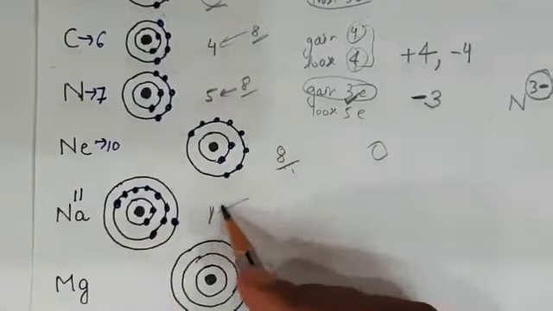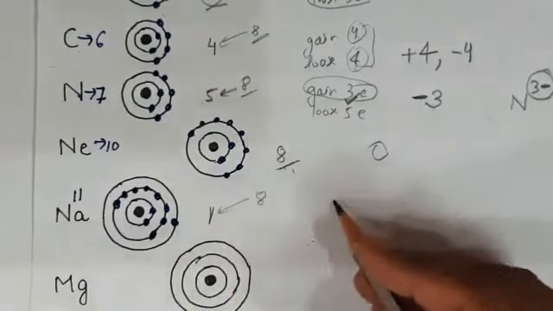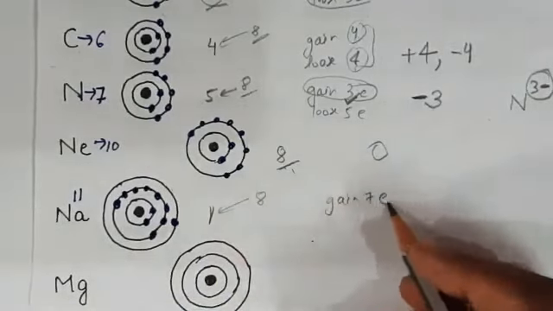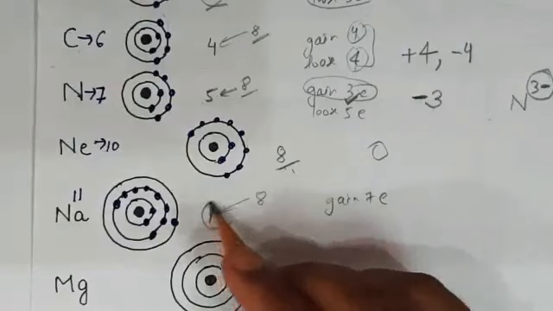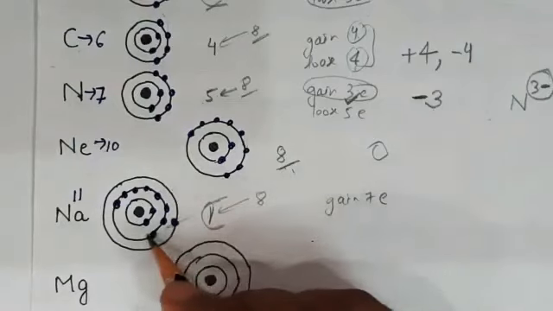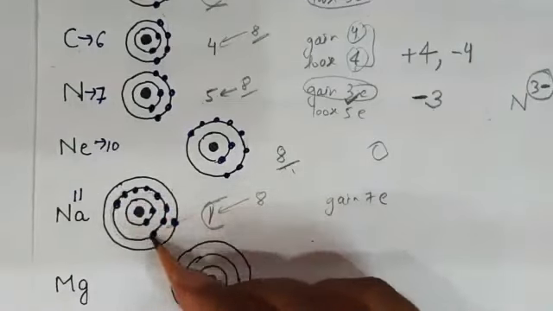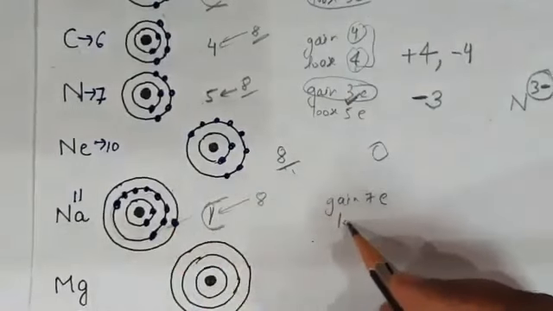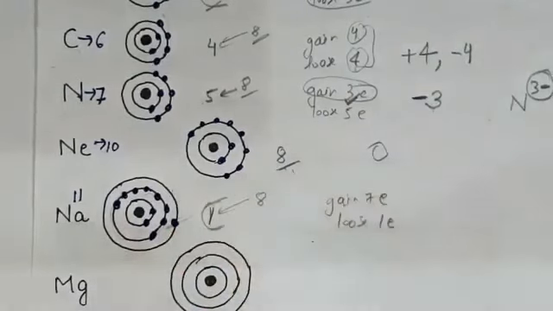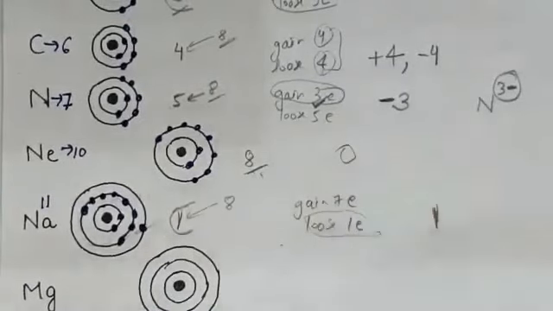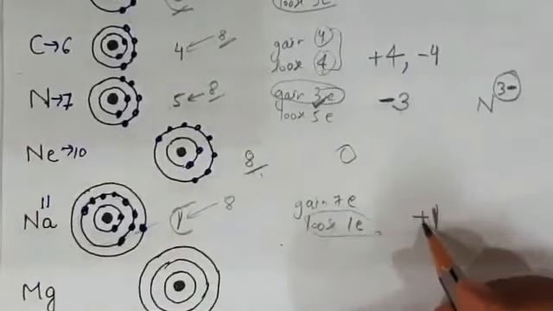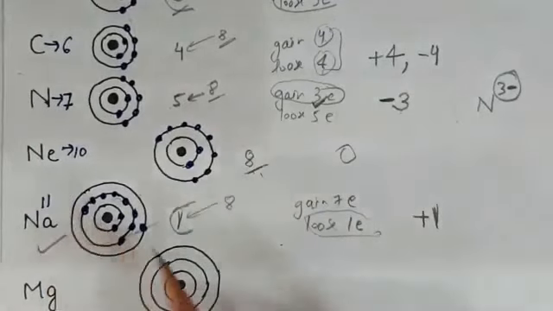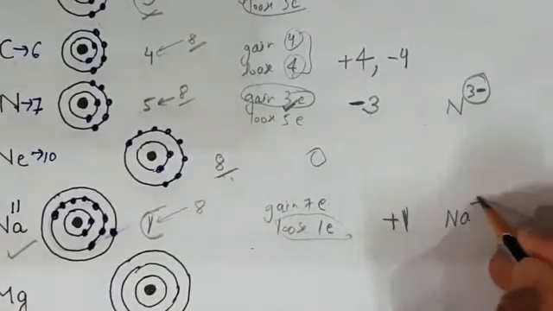So it will make this octet. How? By gaining 7 electrons or losing this 1 electron. If it loses this 1 electron, the octet configuration will be achieved. So which one is easy? Losing 1 or gaining 7? Losing 1 electron. So valency is 1 and it is losing, so charge is plus. So that's why sodium exists in the form of Na positive.